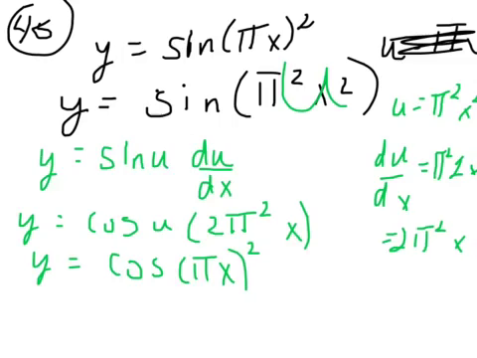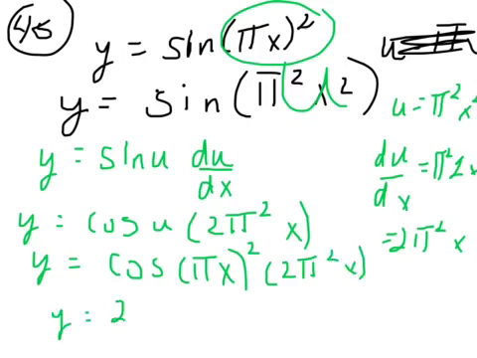That's how they wrote it, and that's a little confusing to me. Times 2 pi squared x. Okay, so maybe what we do is we come out front. We put 2 pi squared x cosine pi x squared, and that would be our answer. That's very weird looking, isn't it? But anyway, that's how you do that one.